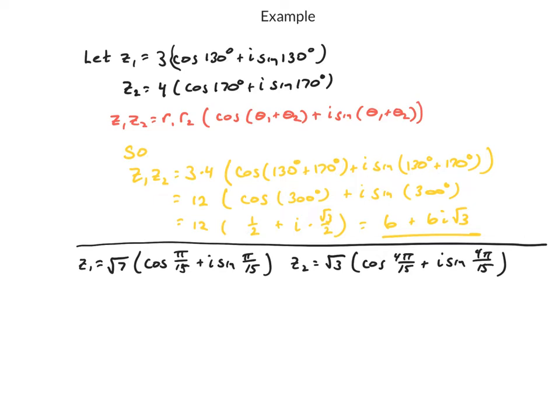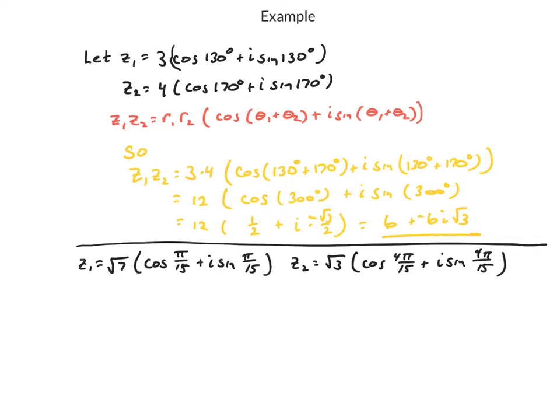Now, at this particular point, they may ask you to give the answer in rectangular form. In this case, we know for 300 degrees that the cosine of 300 degrees is equal to 1/2, and the sine of 300 degrees, I have a mistake there, is going to end up being negative square root 3 over 2.